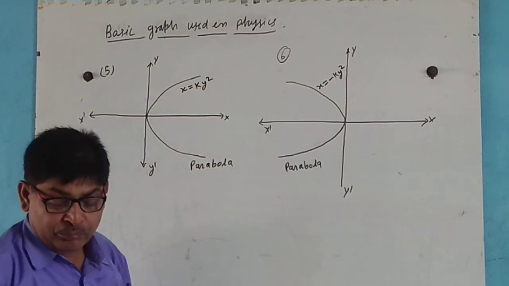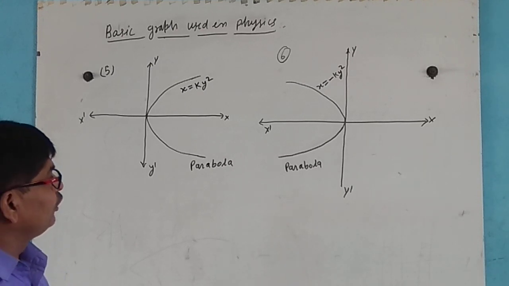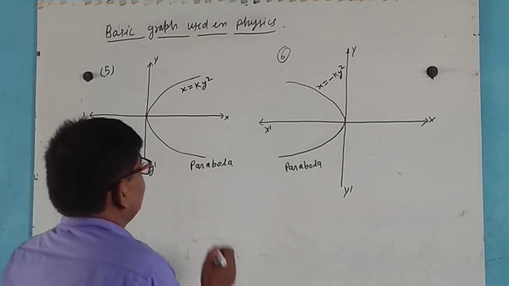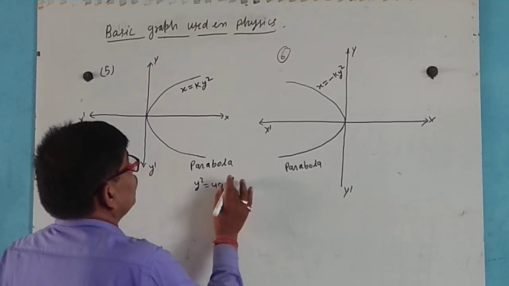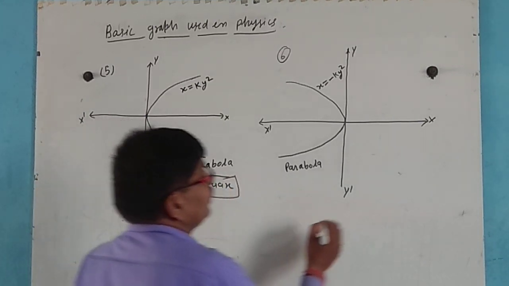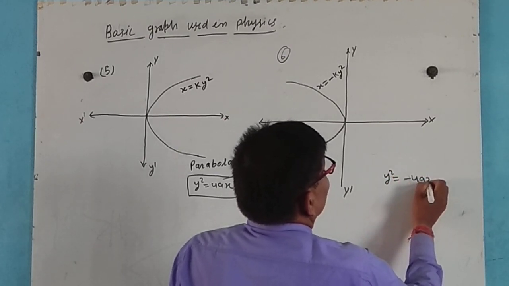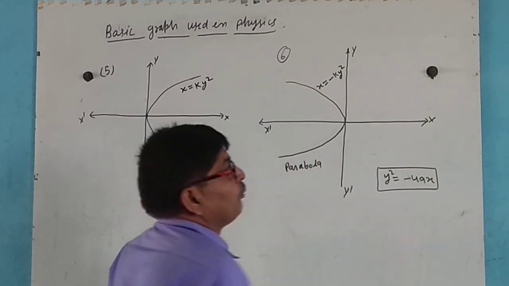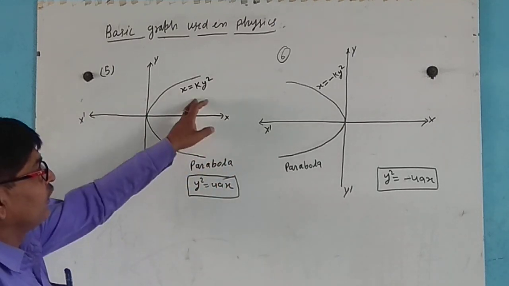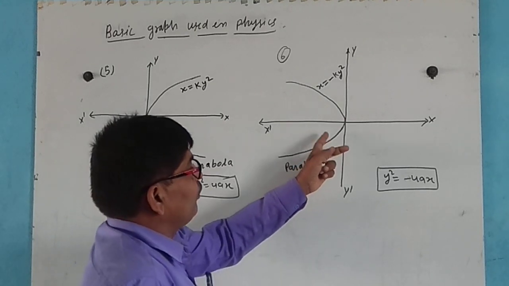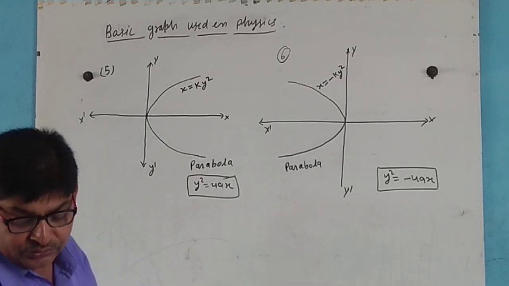In mathematics it is generally y square is equal to 4ax and y square is equal to minus 4ax, but in physics, x is equal to ky square, and for this curve, x is equal to minus ky square.